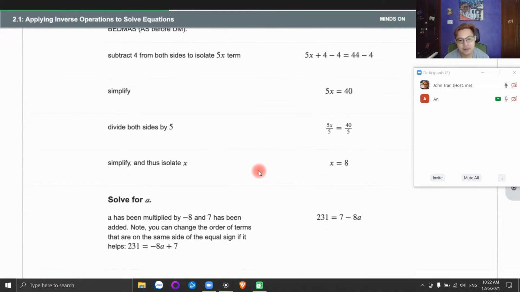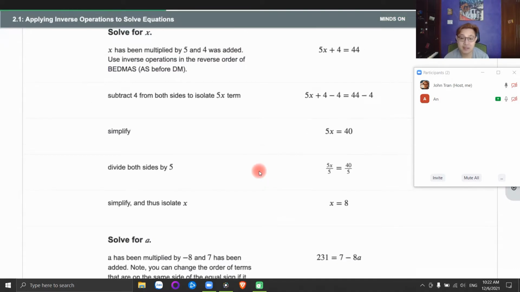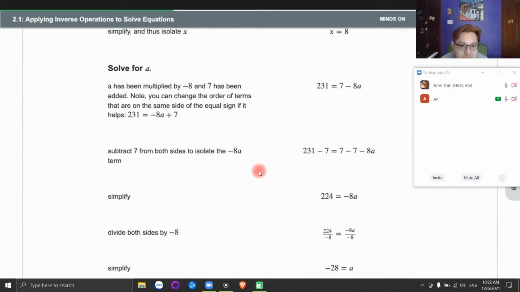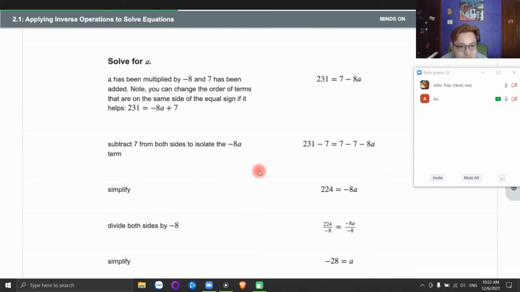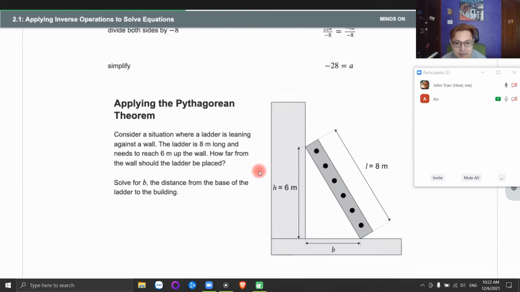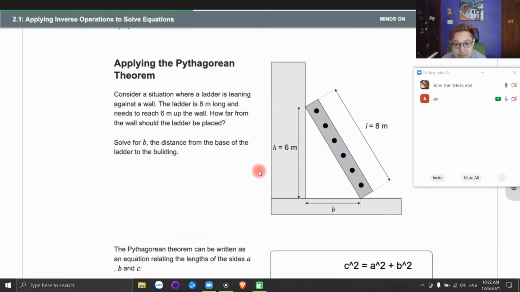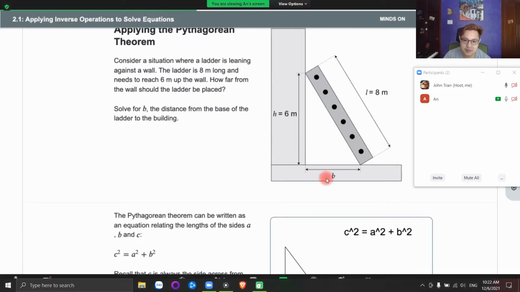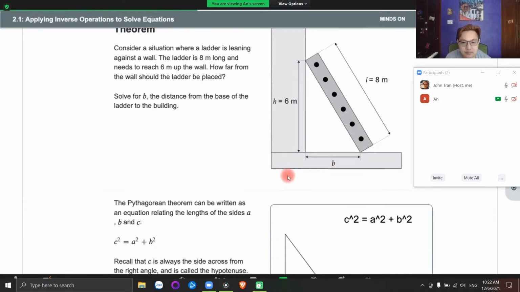Instead of saying x, you can use any letter, for example A, B, C, D, E, F, G. Pythagorean Theorem, do you remember that? Yes. So L squared equal to H squared plus B squared in this case. And you can find B.